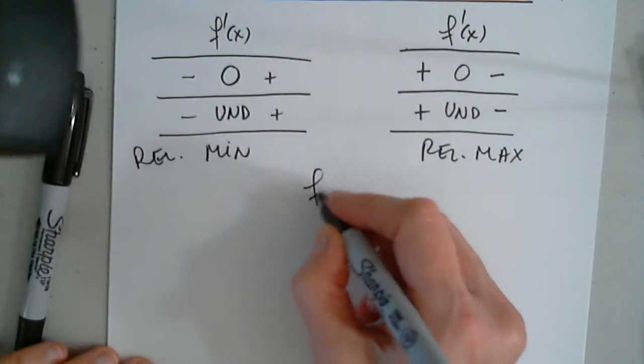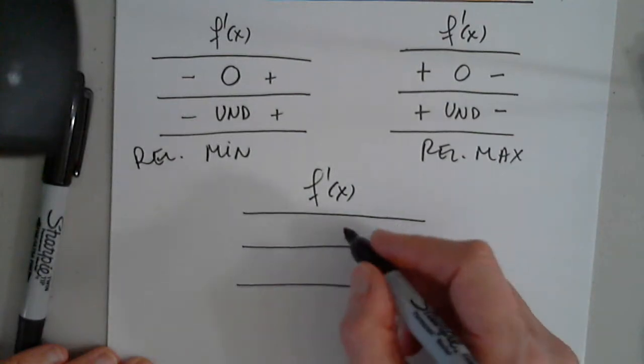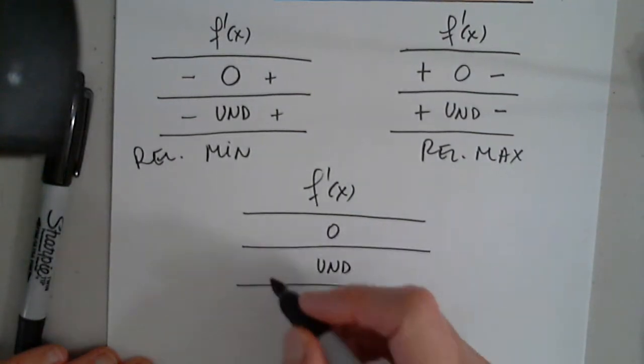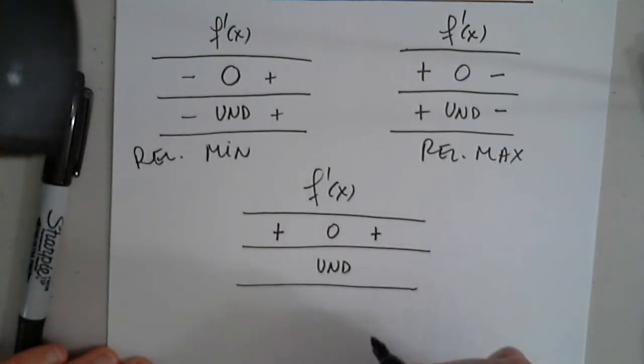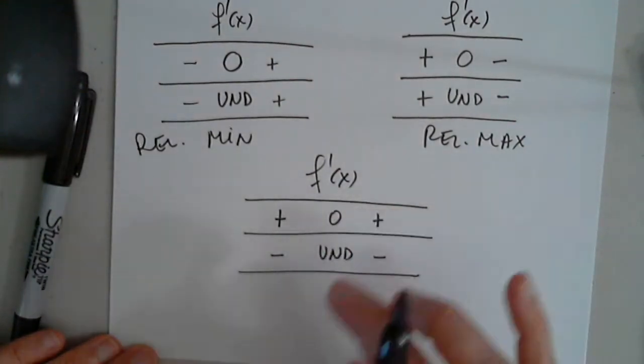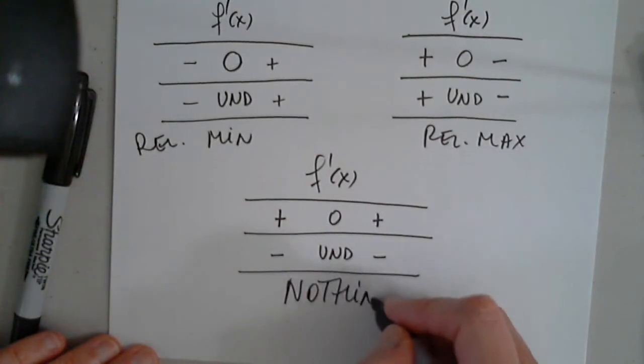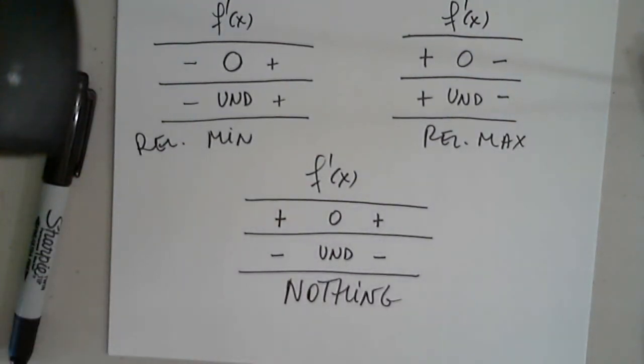In this situation, in which f prime of x is either 0 or undefined, but I have positive, positive, or negative, negative, nothing changes. This is not a point of extrema. And we had several examples.